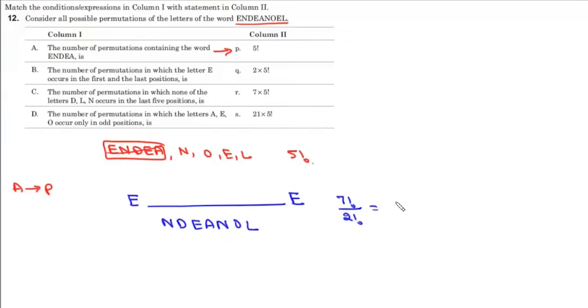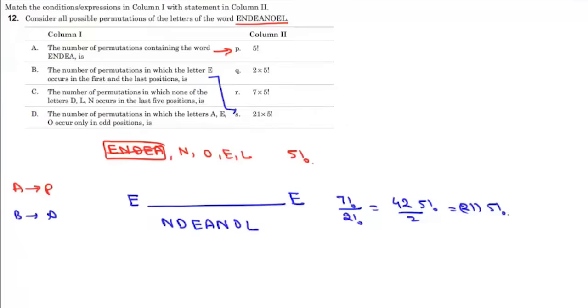Now we can write factorial 7 as 6 into 7, 42 into factorial 5, divided by 2. So it will be 21 into factorial 5. That means this B matches with S.